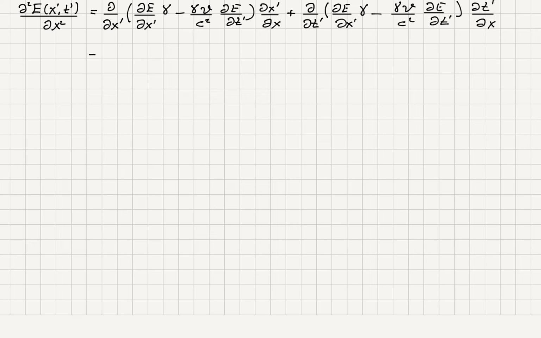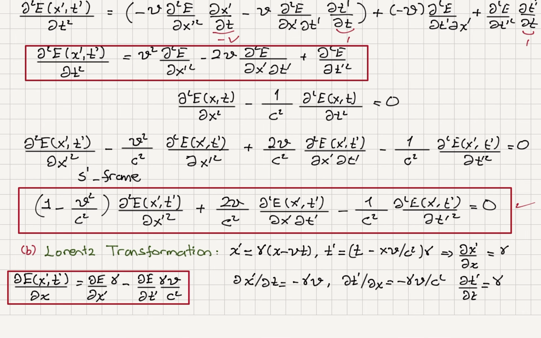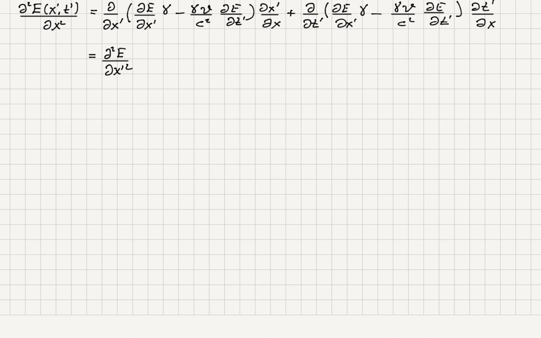Okay, so continuing with this, for the first term we will get the second derivative of the electric field with respect to x prime, del squared E del x prime squared, and del x prime del x here is equal to gamma. So here I'm going to substitute for this gamma, which means in this first term I will have gamma times gamma, gamma squared.